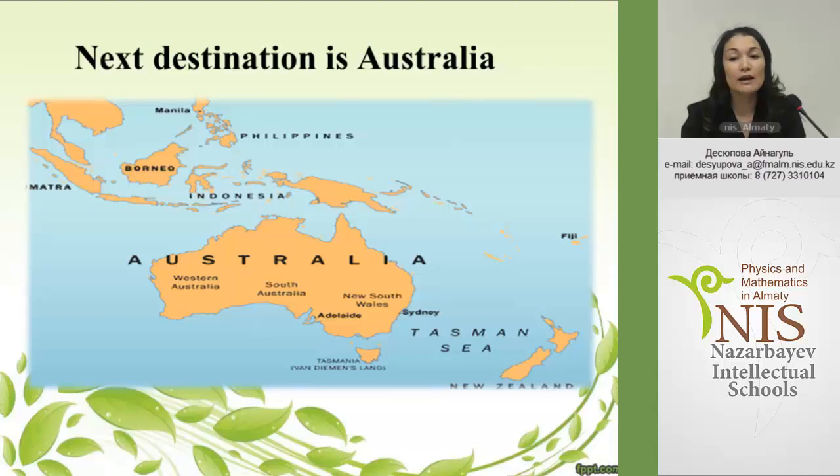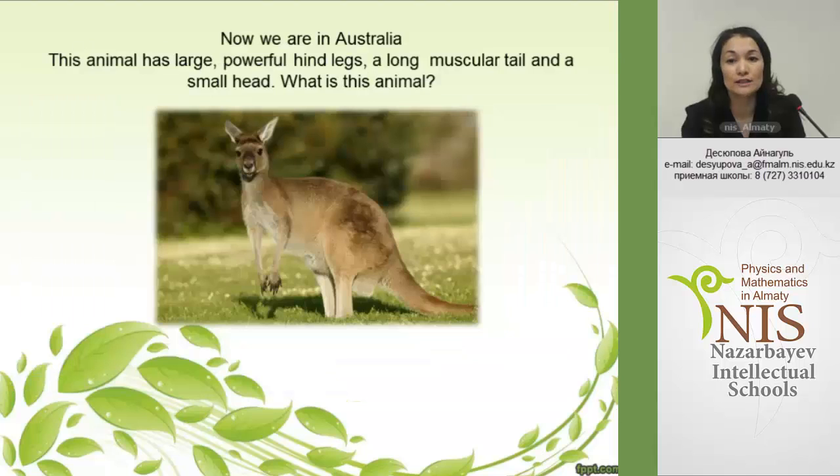So here I ask my students the similar questions as geographical position of Australia, type of climate, and smoothly move to the question of symbolic animal for Australia by giving the list of general features of this animal.